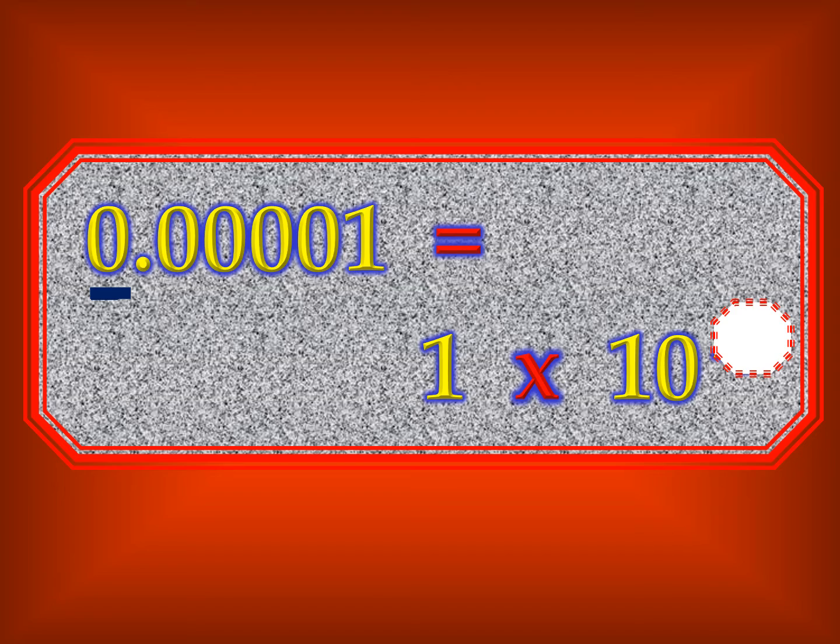So if you were to just count the zeros there after the decimal, you would have only 4. But if you count the number of positions that you need to move the decimal, well, then you would see it's actually 5 positions. And that's why this is 1 times 10 to the negative 5 power.